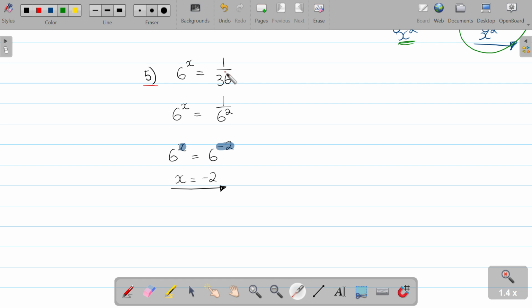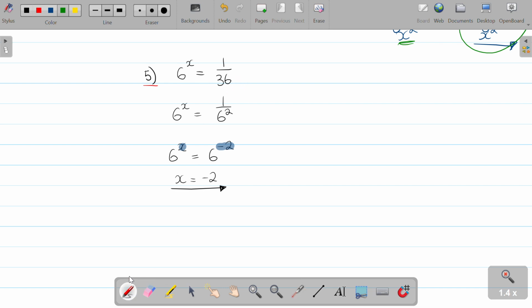What needs to happen here now is that we remember with equations, we need to make sure that we get the same base as the unknown's base, right? So the unknown's base is 6, and we need to make this side written with the base of 6, okay? So how are we going to do that?